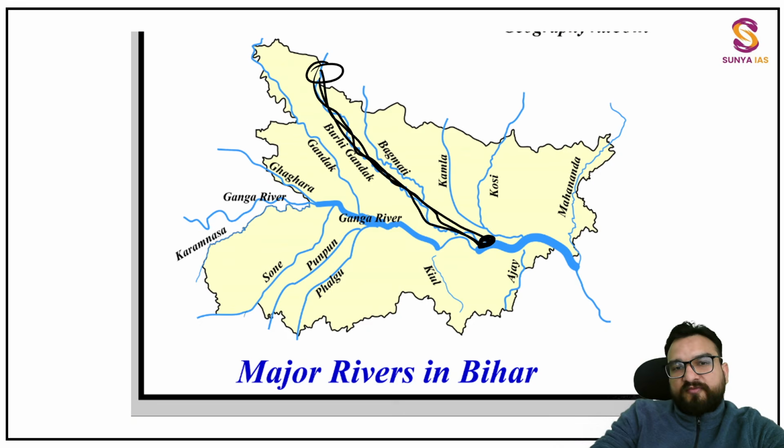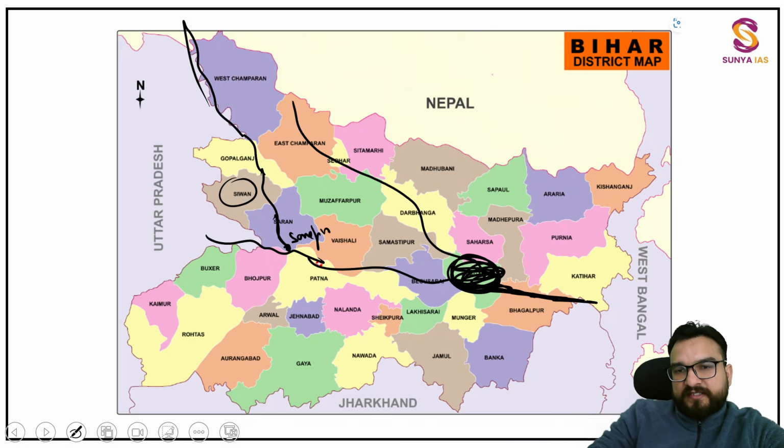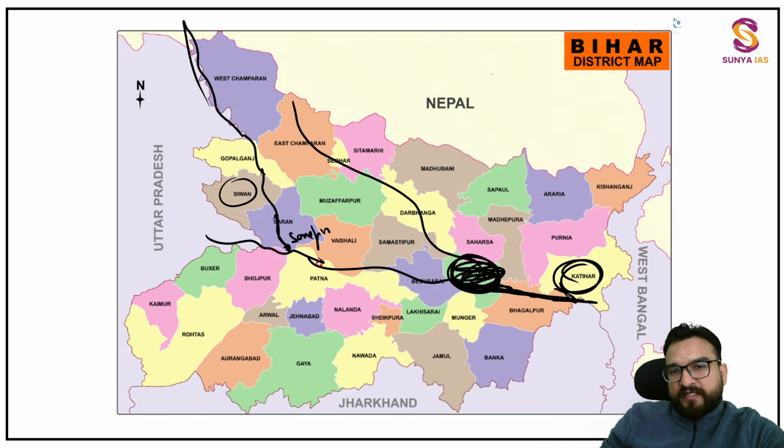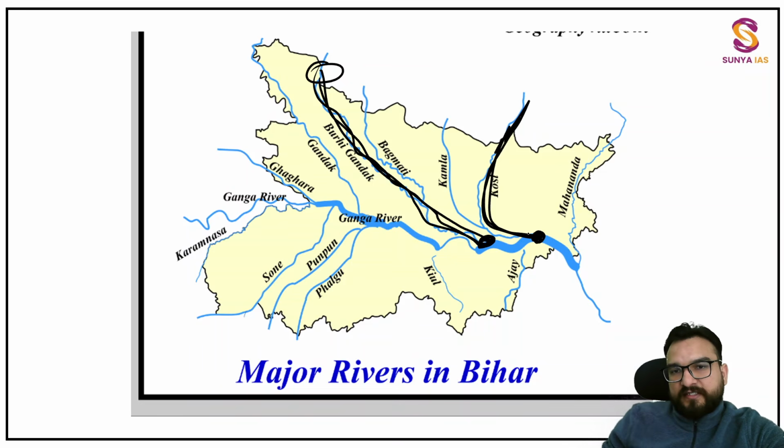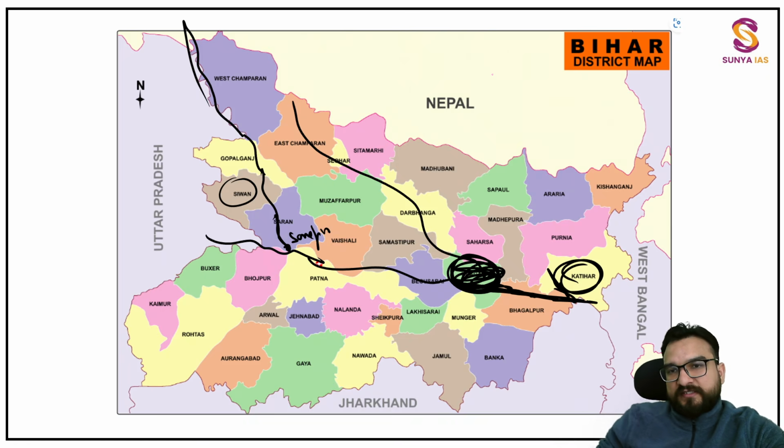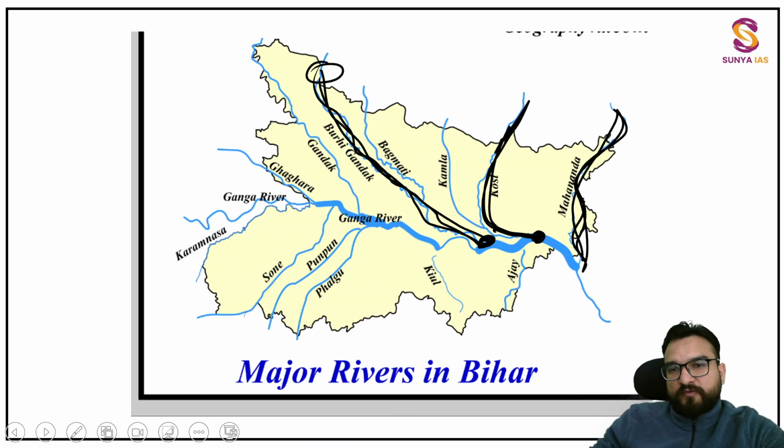And then you will be finding Kosi, and Kosi again coming from these particular areas of Nepal and will be merging at this area of Katihar. In the Katihar area it will be getting merged over here, guys, like this. And then Mahananda will be flowing as the border between these two states like this, and will be merging in this particular West Bengal you will be finding.